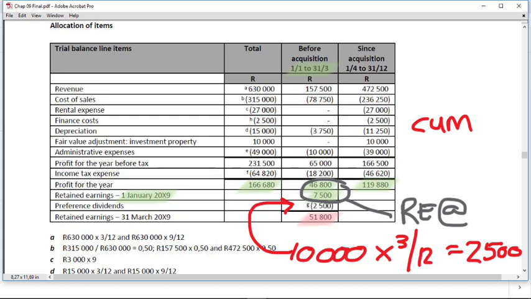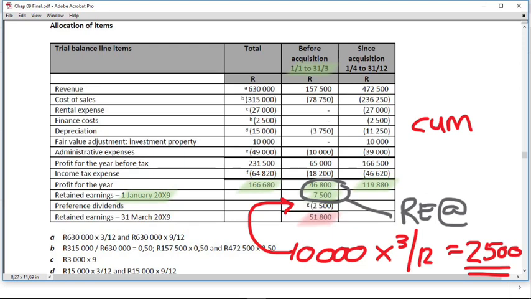It's similar to what we did in example 8.2, but I'm not doing this because the preference dividend is in arrears. It's not in arrears. It has been declared. The reason I'm moving this 2,500 out to the preference shareholders is because they are already entitled to that as your preference dividend accrues over time. You'll see the effect of that in your at acquisition consolidation journal entries.